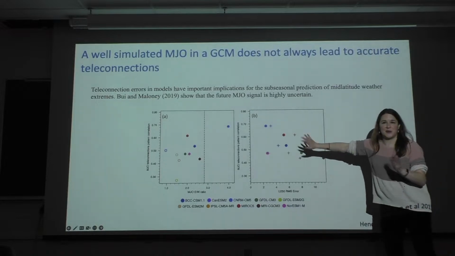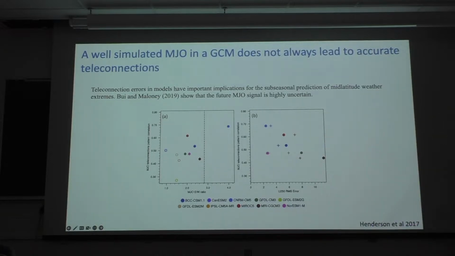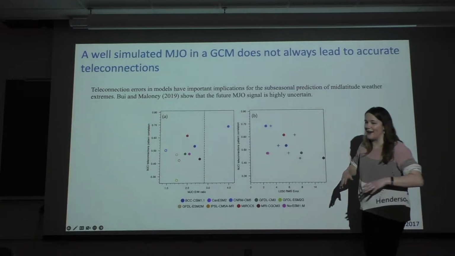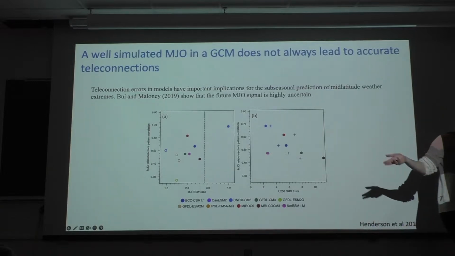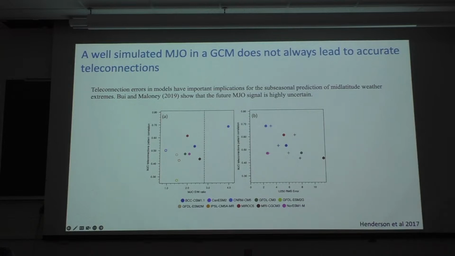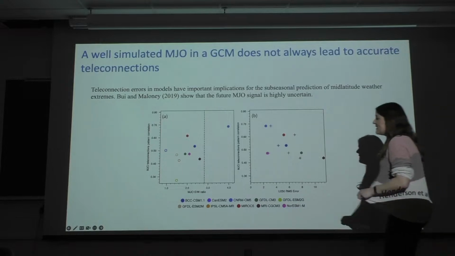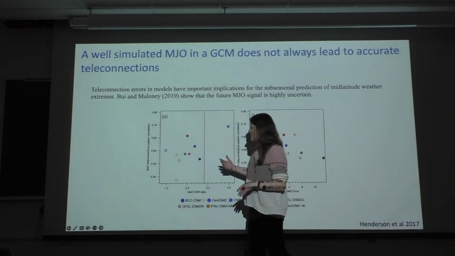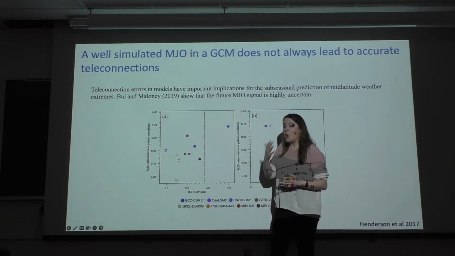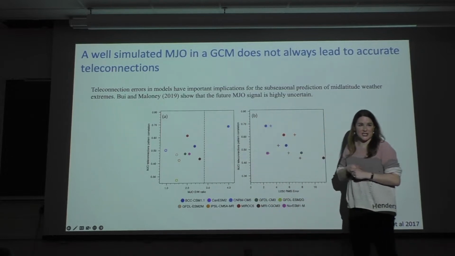That's what this figure shows, but I'm not going to talk much about this for this particular study. But one of the things that we couldn't do in that work was better understand why you would have situations in which you would have a decent basic state, like the subtropical Pacific jet and the waveguides well represented in the model, but very poor MJO teleconnections.